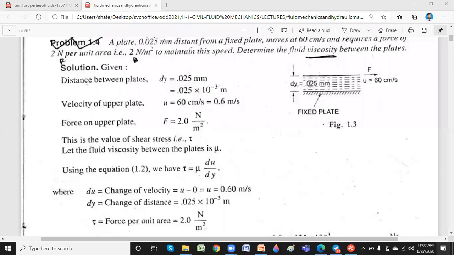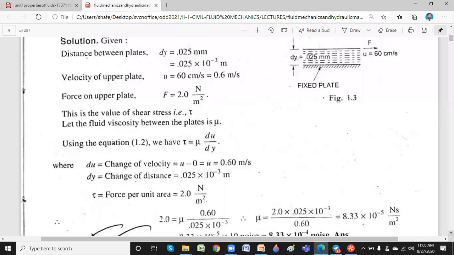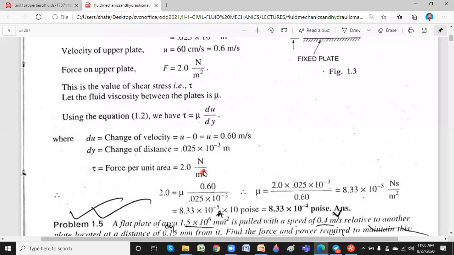Now the shear stress is given as 2 newtons per meter square. Just keep all those values here. On the left hand side is the shear stress, and the unknown is mu. Then the value of mu is 8.33 into 10 power minus 5 newton second per meter square.